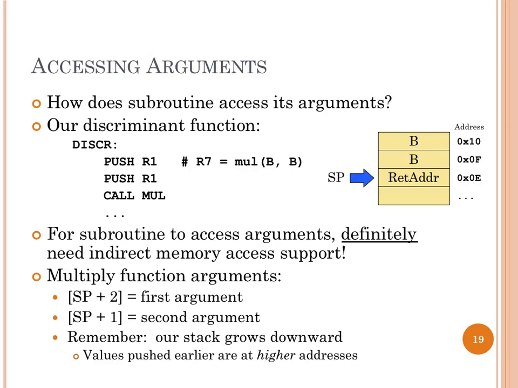Everybody with me? Okay, so you can see how indirect memory access becomes super powerful if we're going to be passing arguments on the stack. Also, like I say here, our stack grows downward, and so you could ask the question, do you want to put, again, convention. I just want you to understand that there's many ways to design this, and there's not one right way.